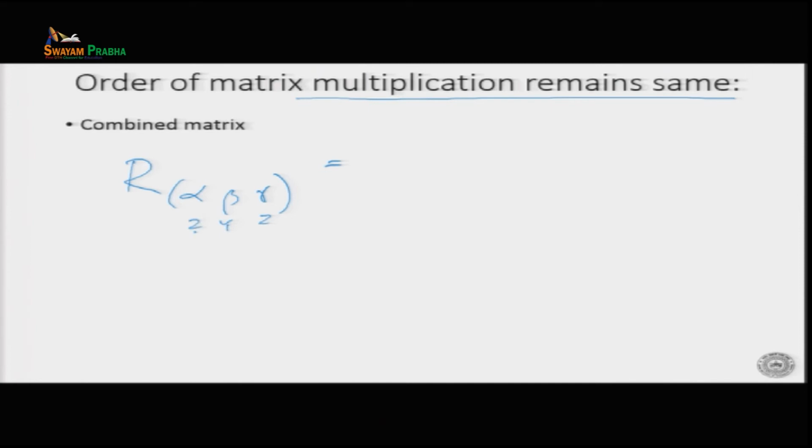In that order, the multiplication of the matrices is going to be R_z(alpha), R_y(beta), and R_z(gamma). So the order of the matrix multiplication remains the same. We do not change the order.